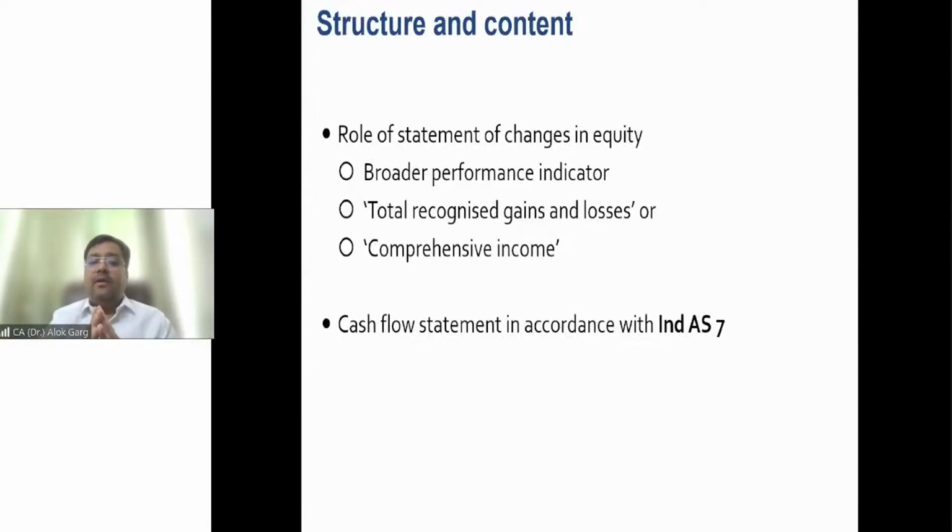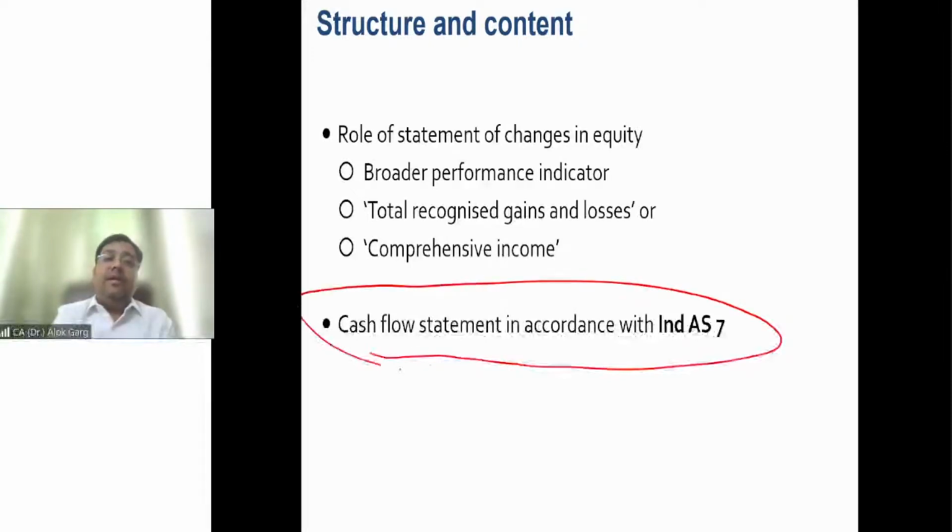And coming to the next component, which is the cash flow statement. So friends, you will have a separate session on Ind AS 7, and Ind AS 1 says that the cash flow statement has to be prepared in accordance with Ind AS 7. Ind AS 7 is a standard which talks about cash flows, right? Sir, whether any guidance has been given in Division 2 to Schedule 3 regarding the cash flow statement? The answer is no, no format is given in Division 2 to Schedule 3, right?